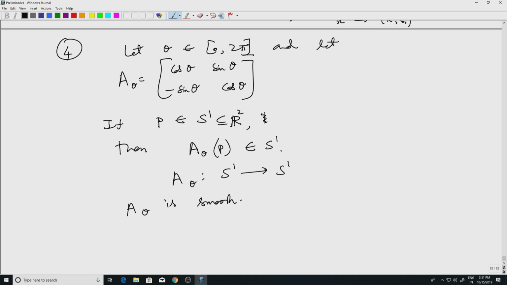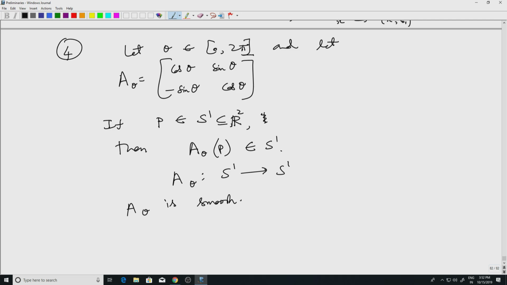Of course, one can use either of the two coordinate systems we have constructed on any sphere. One is the projection, where the charts are just projection maps, and the other one is stereographic projection. One can use either of them to check that this is smooth.